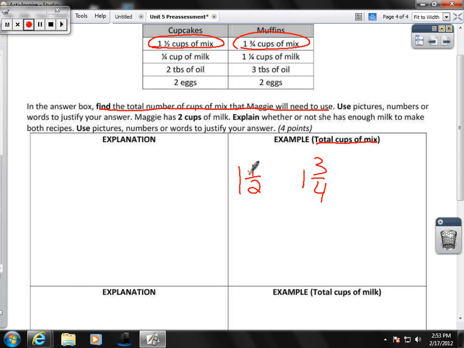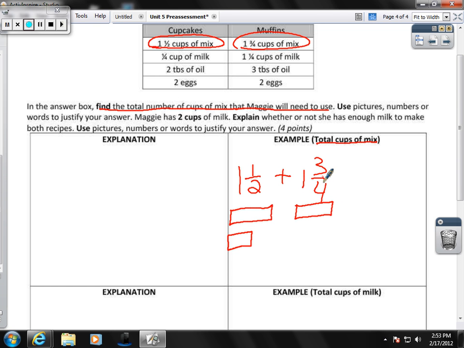I can work it out like this because I know it's going to be an addition problem. I can take that stick right there to be 1, and half of that stick is 1.5. Over here, I want to do another stick that is 1.